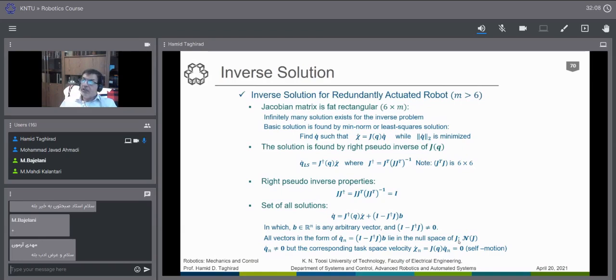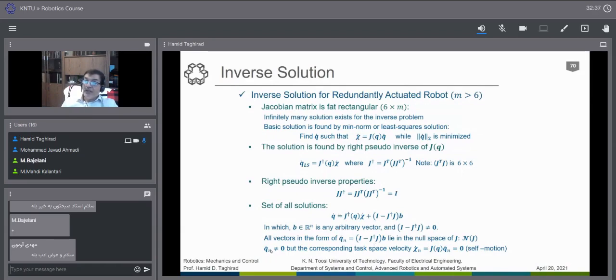And what is the null space of the J? This means that the Q dot n that is found from this solution is in the null space of the J. It is non-zero, but when it is multiplied by J, it gives you a zero result. It doesn't change the X dot solution that we have already found by the basic solution.